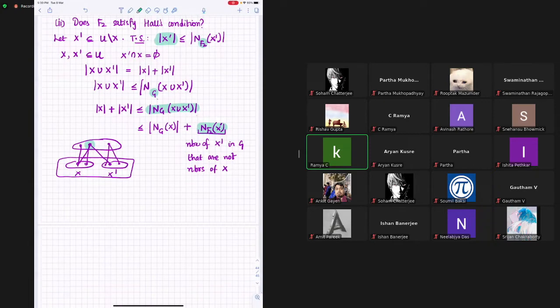Why this term here is neighbors of X prime in F2? If it's not, we will take a look at it. Now things are all super clear in place, right? So you have the cardinality of X plus X prime is less than or equal to. It gives you somewhat this feeling you actually forgot about graphs, right? You're only looking at sets. Now what can you do? You have this equation.